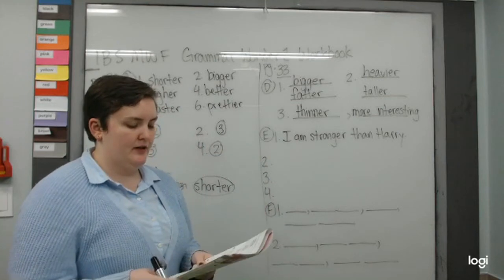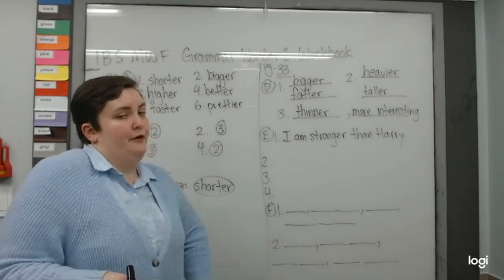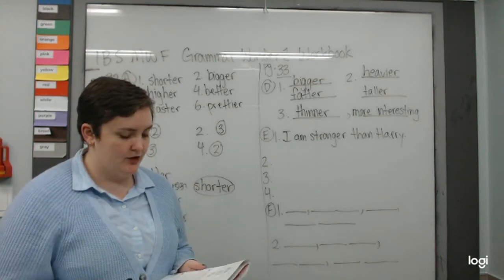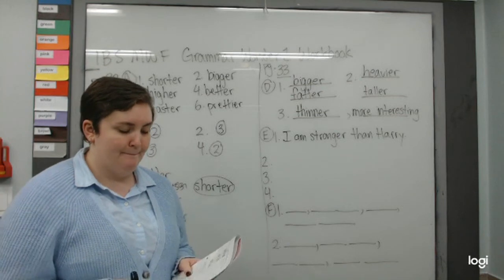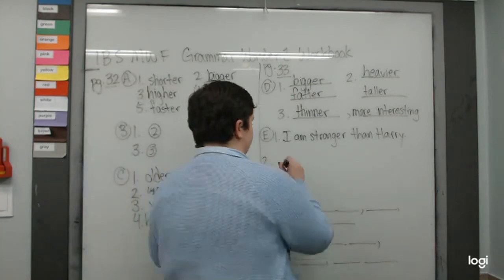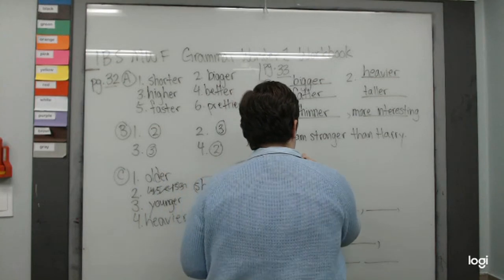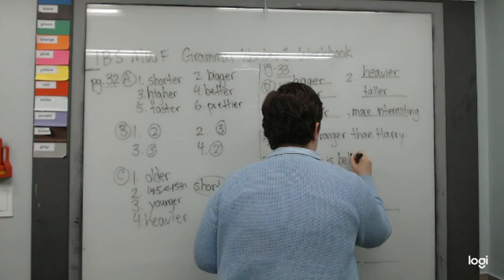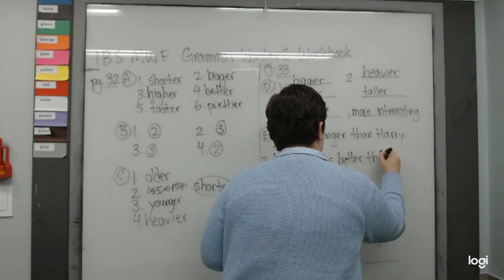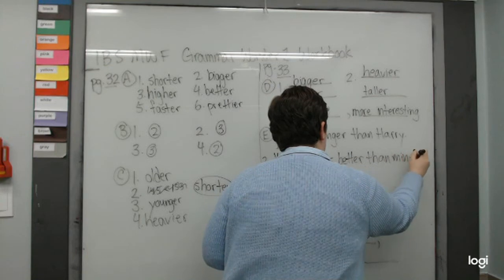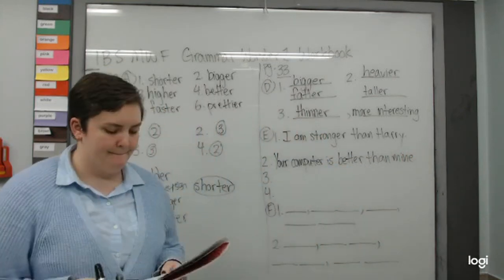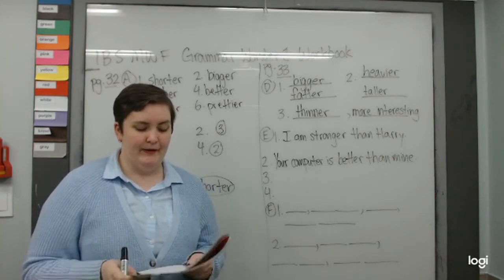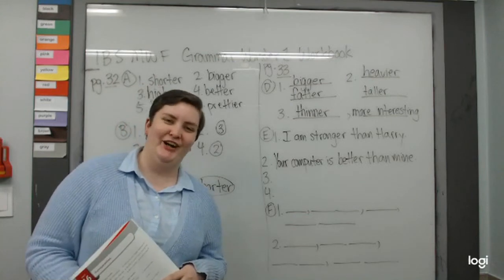Number 2, using computer and good. Remember, good when we compare, we use better. So, number 2, your computer is better than mine. Number 3, bike and big. Her bike is bigger than Tom's bike. I'm sorry, Tom.